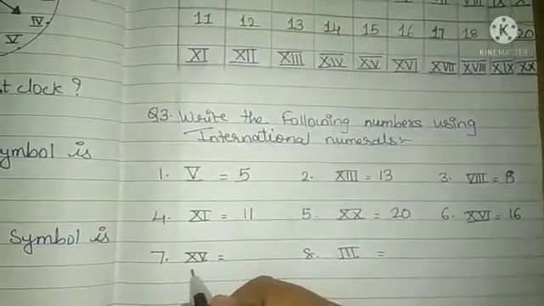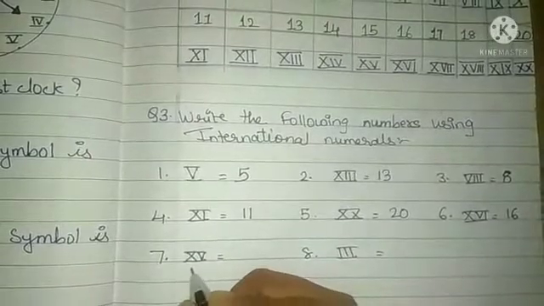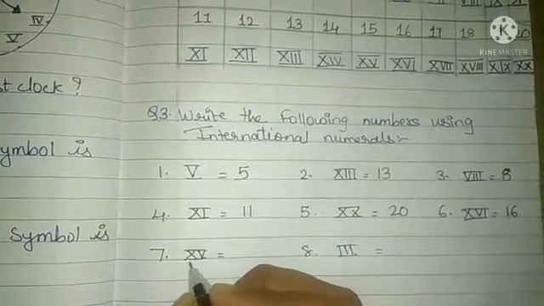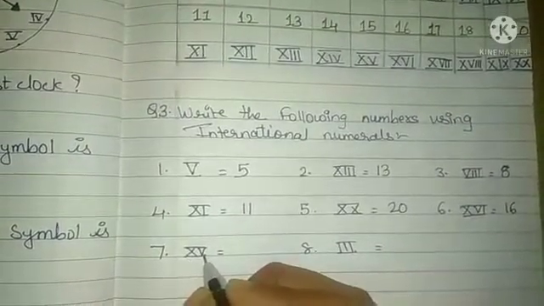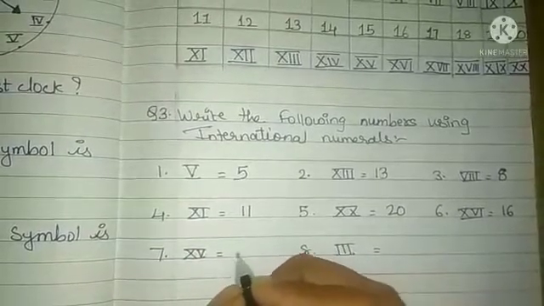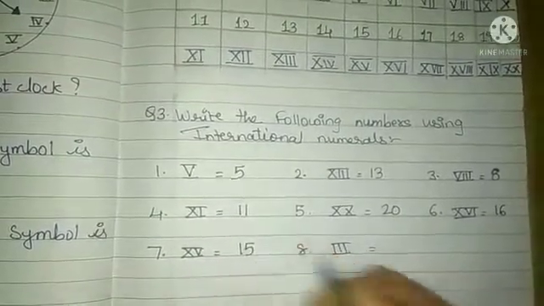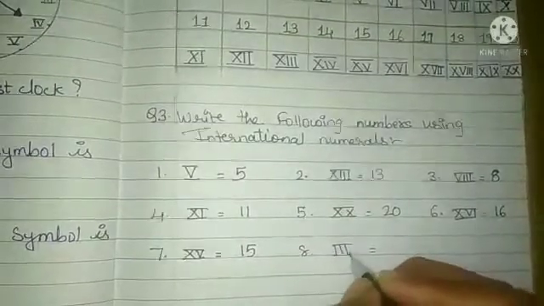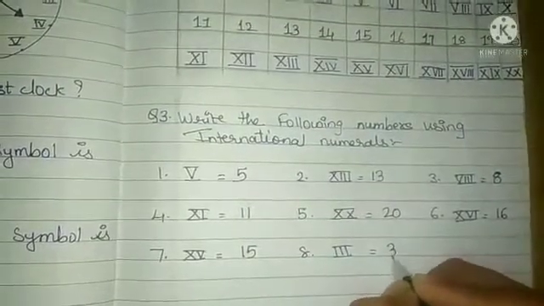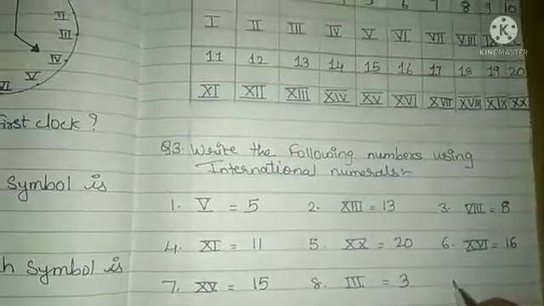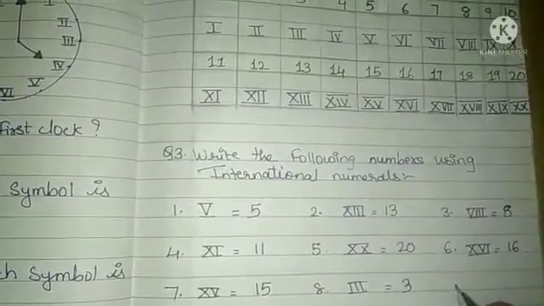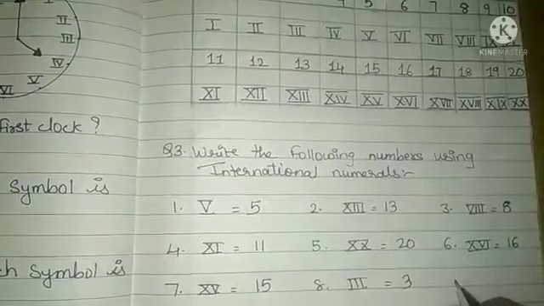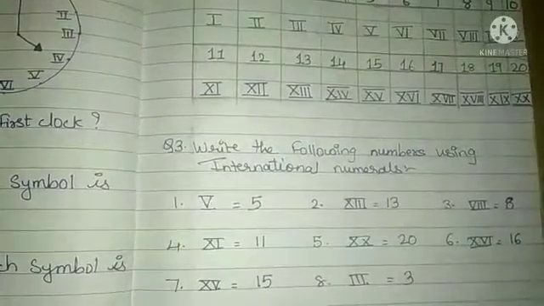Then again X and V is given. So X represents 10, V represents 5. So 10 plus 5, 15. Now here the 3 lines are given. So 1, 2, 3. Understood how you will write down, everyone, the Roman numerals and the international numerals?